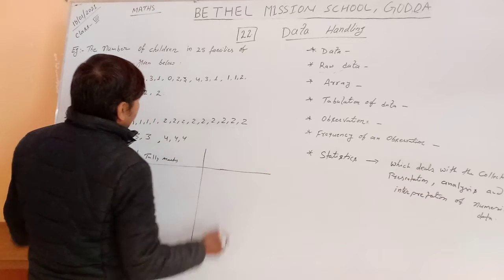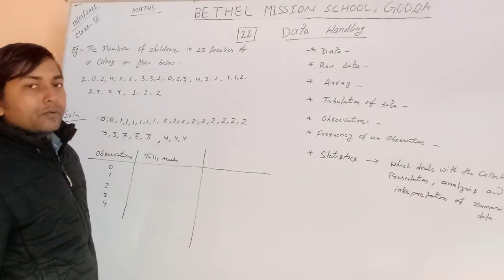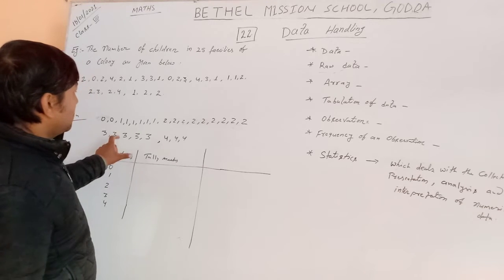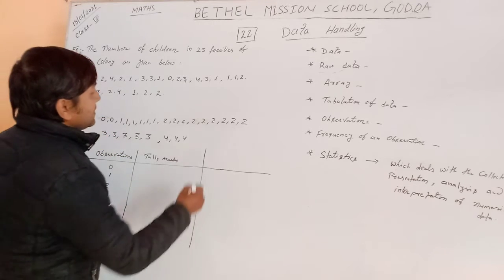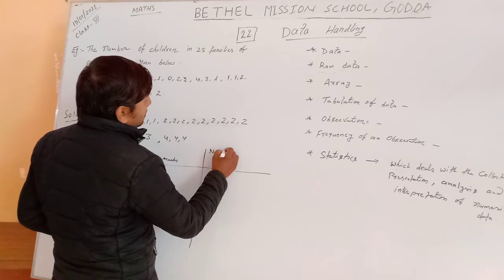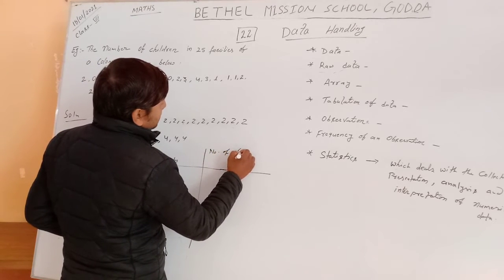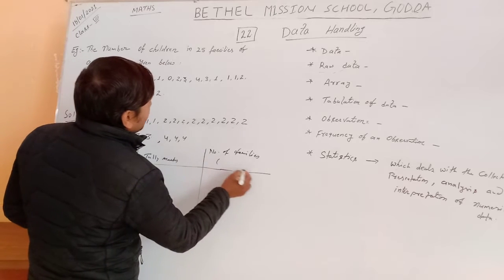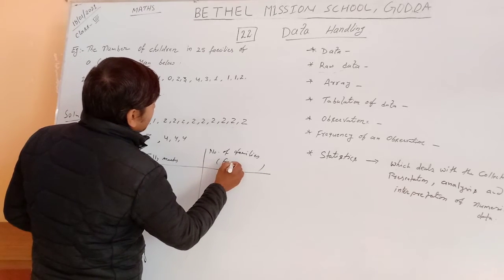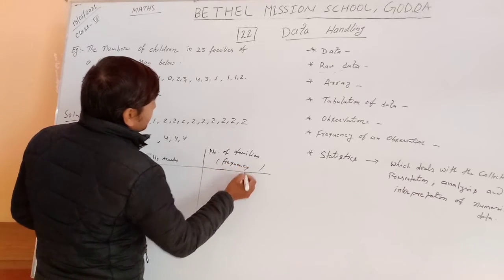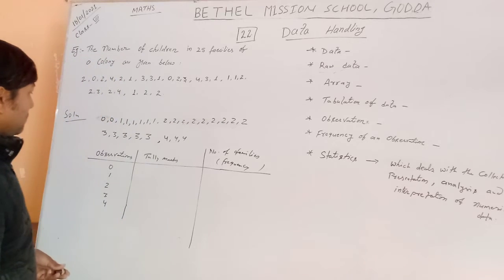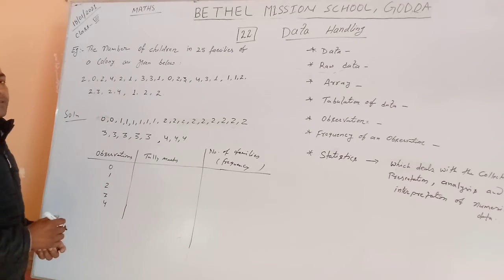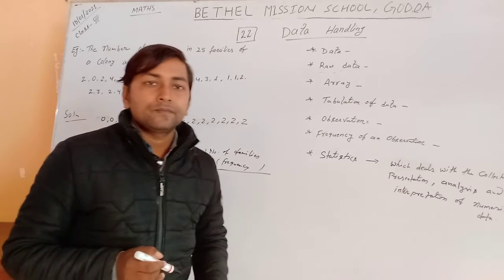And the third column you will write the number of families. So this is also known as frequency. Okay. Now you have to put the tally marks.